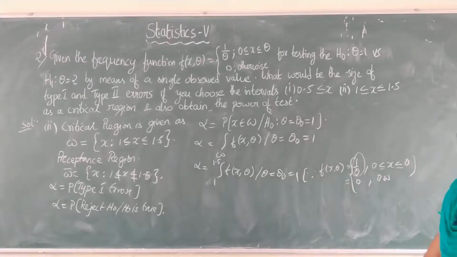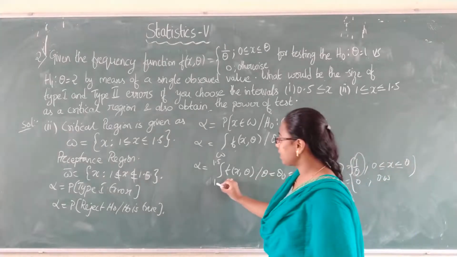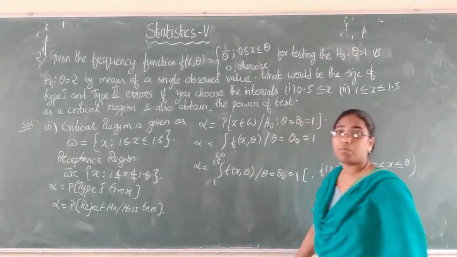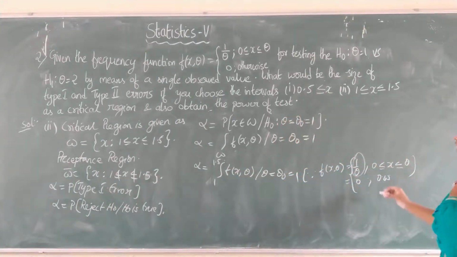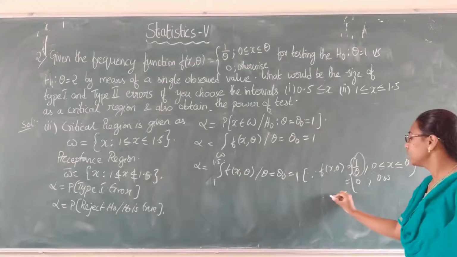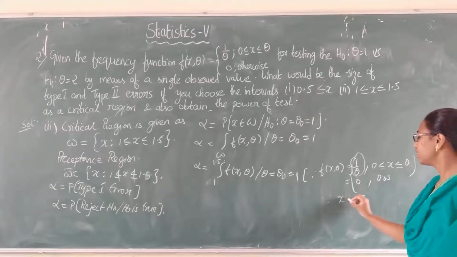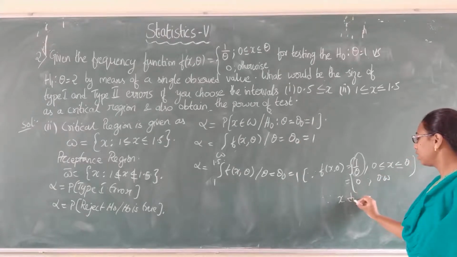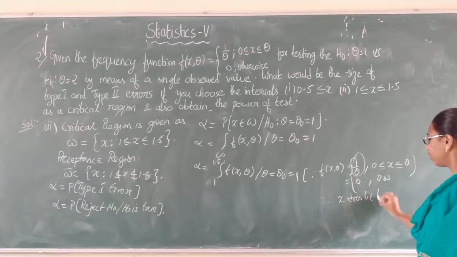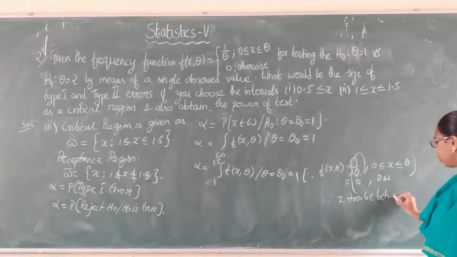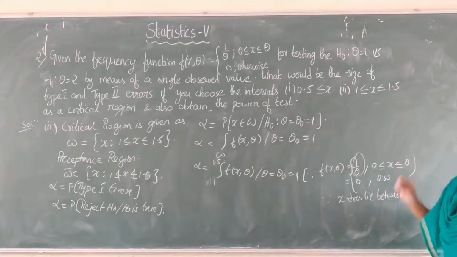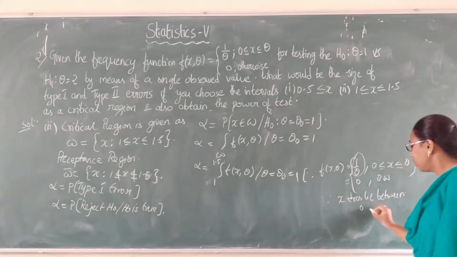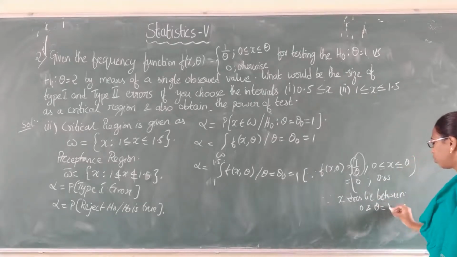then you will consider the f of x value as 1 by theta. Here if you observe, the limits are from 1 to 1.5. So since x does not lie between, what are the limits? Between 0 and theta equals to 1.